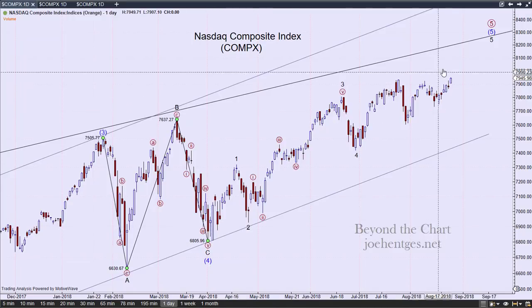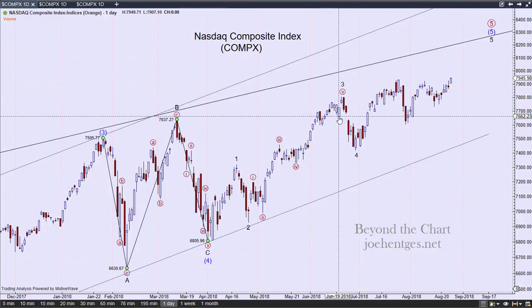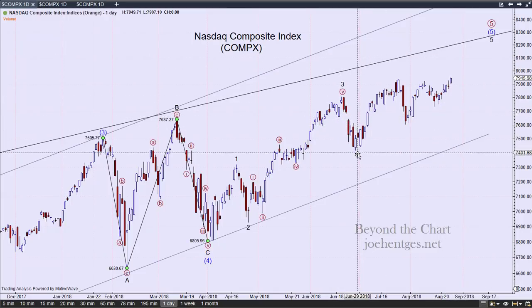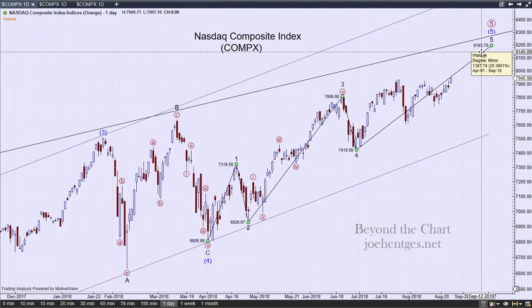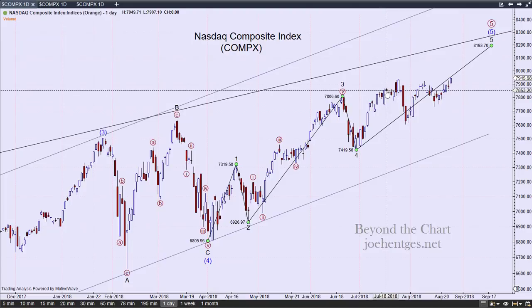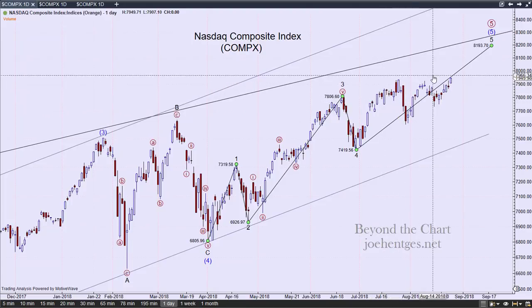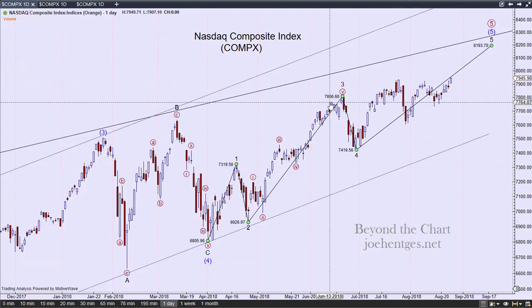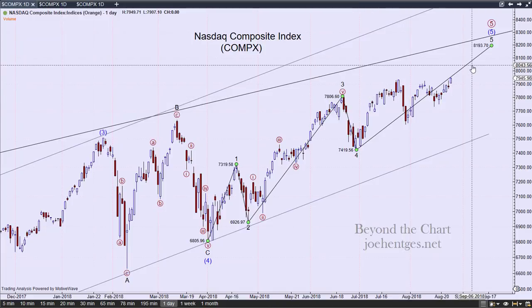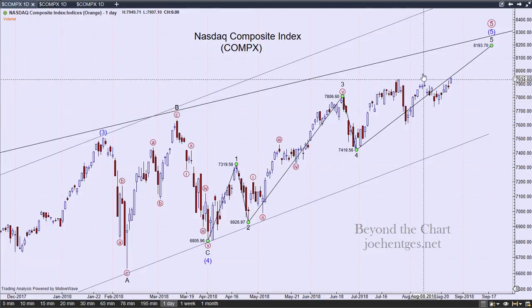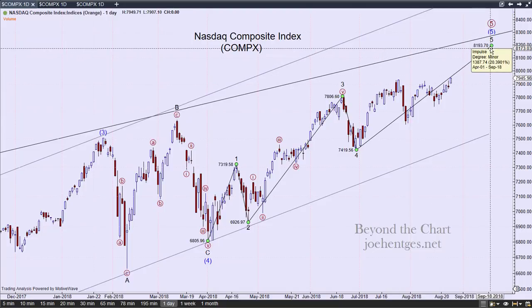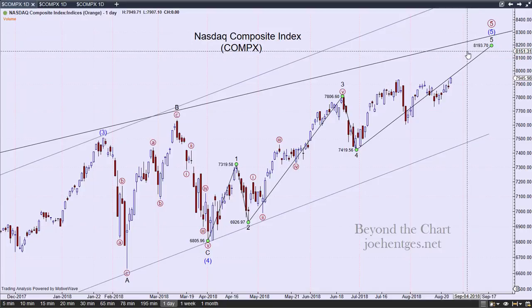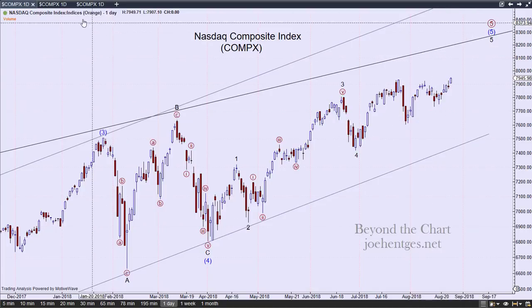That drives this scenario, which basically says we have a fifth and final wave for minor wave underway, and it could be an impulsive wave, kind of like wave 3, or it could be an ending diagonal of some kind. Ending diagonal is where the waves overlap, and then it finally ends in a 5-wave structure in wave 5. So that's what we're watching for. What is it going to be? How's it going to play out?